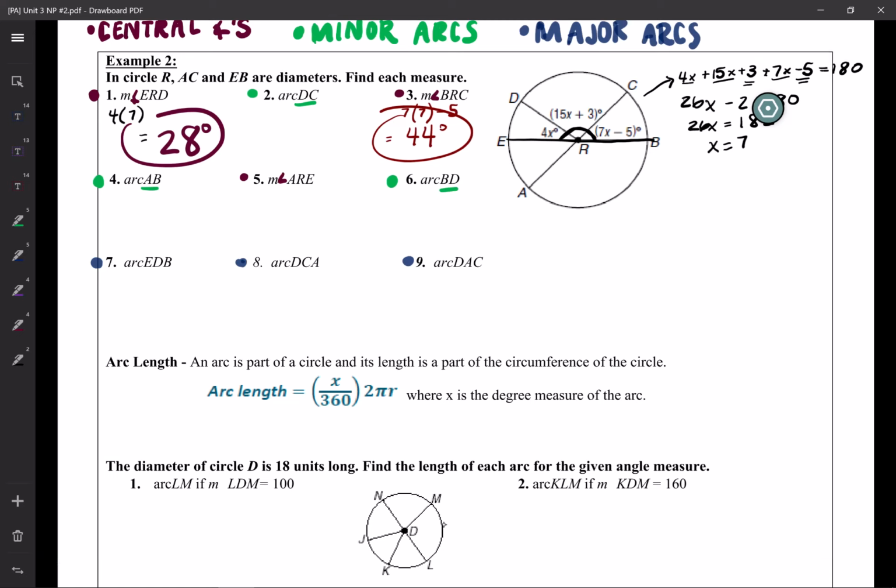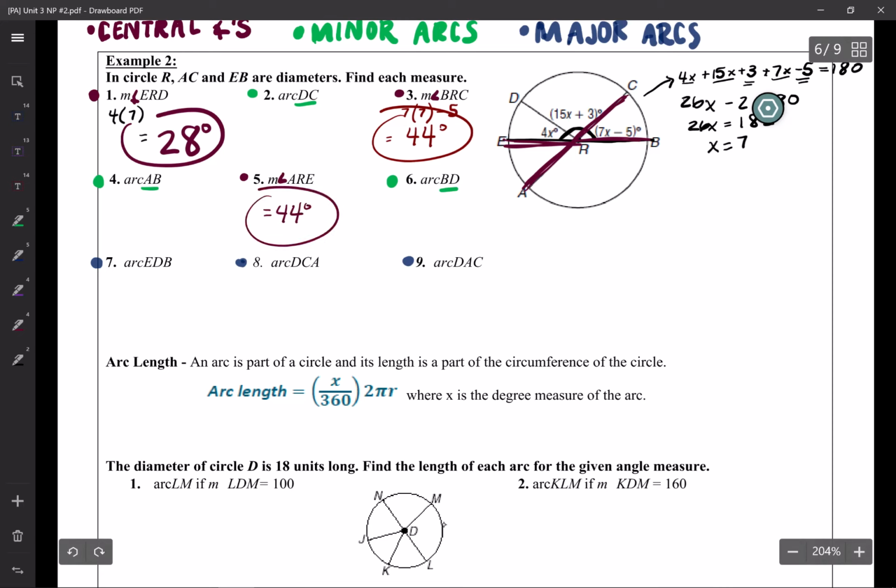And then last but not least, angle ARE. Even though it doesn't have an algebraic expression to help us solve for it, I do know that it's vertical to angle BRC, which you already solved for. So this is equal to 44 degrees as well.